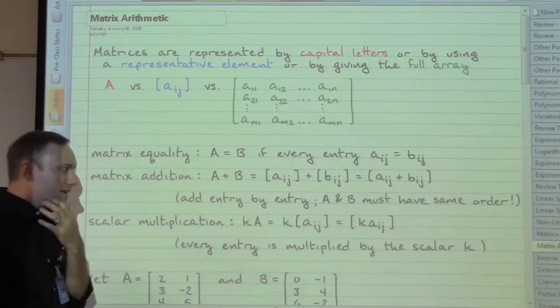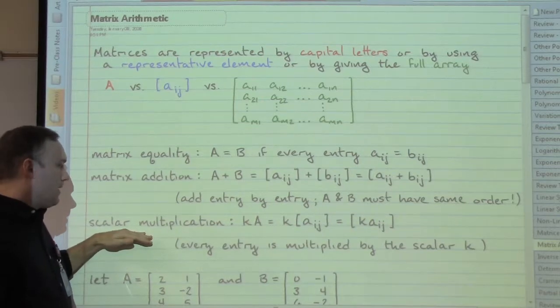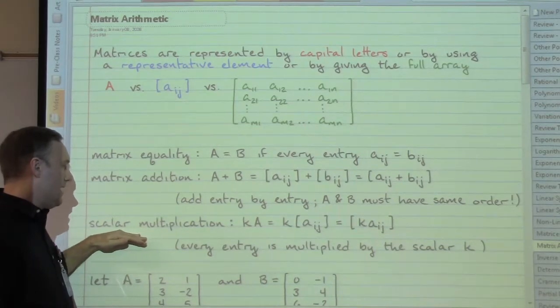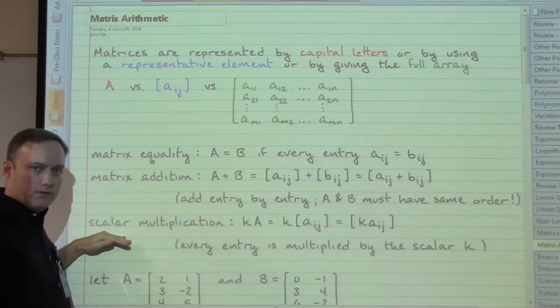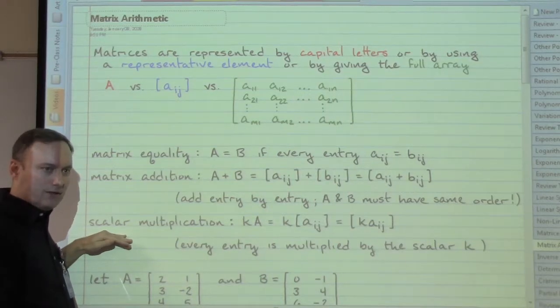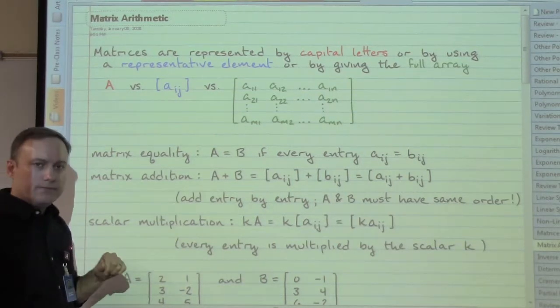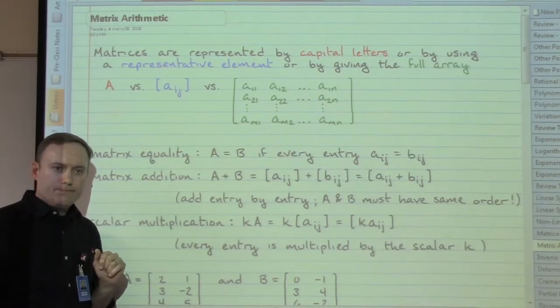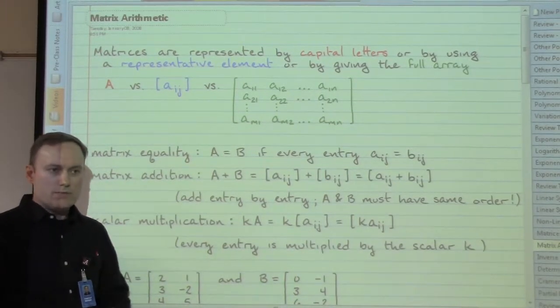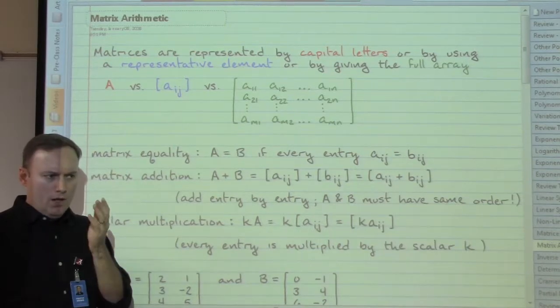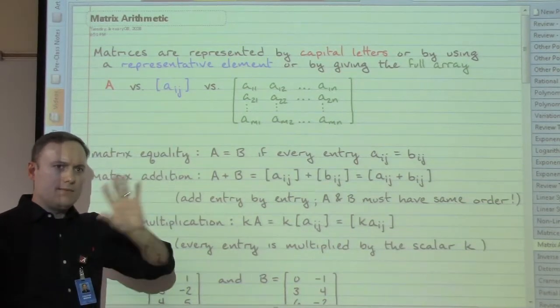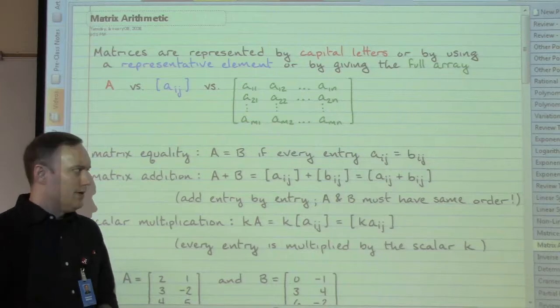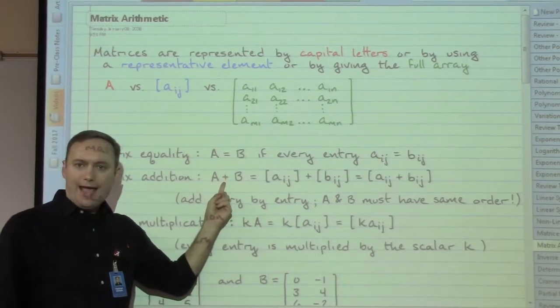The clever way of taking care of the subtraction is by allowing us to take any regular number, which we refer to by the words scalar multiplication. We'll take any regular number and multiply it by our matrix. So if we officially wanted to do a matrix subtraction, we would take -1 times that second matrix, and then we'd add.